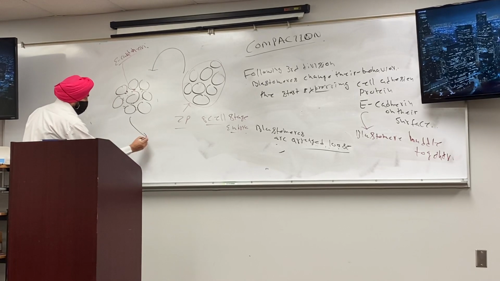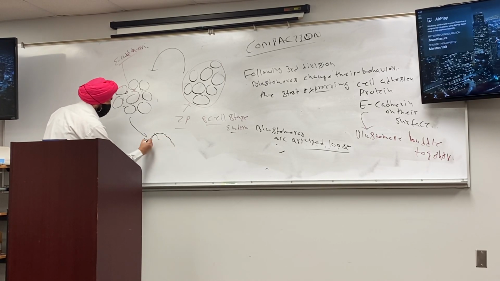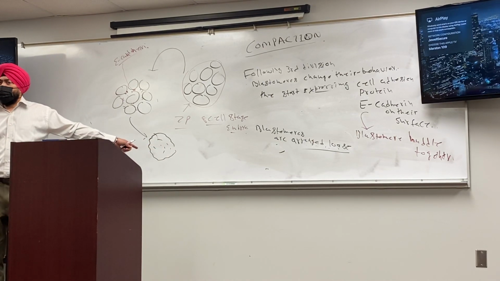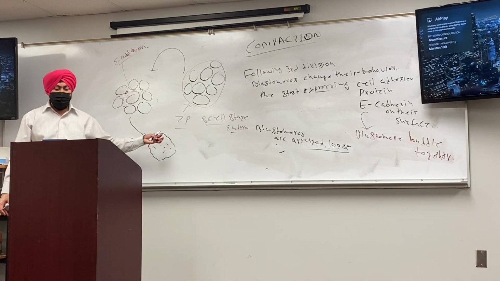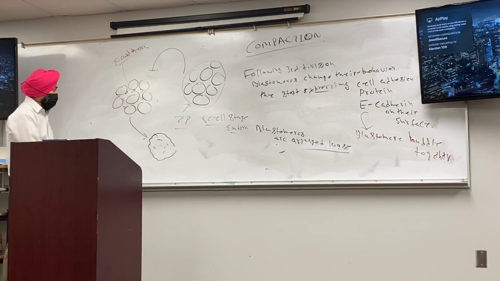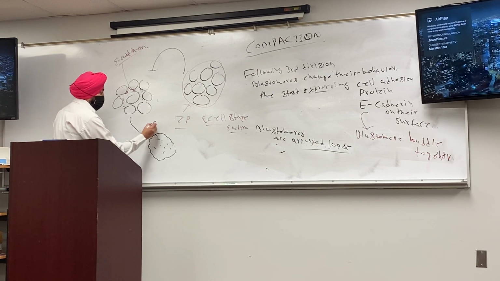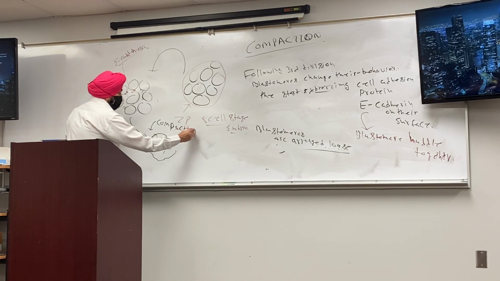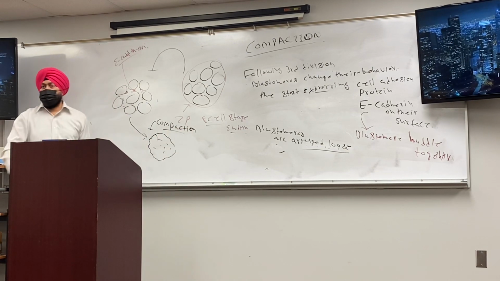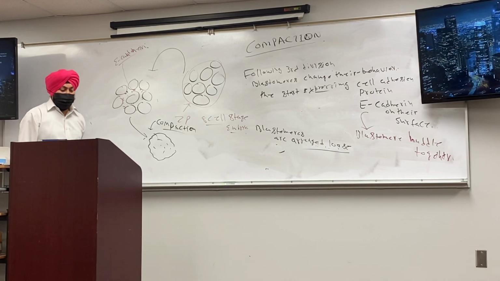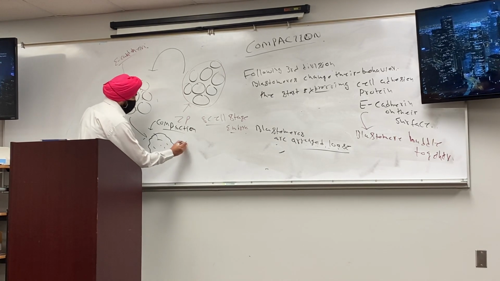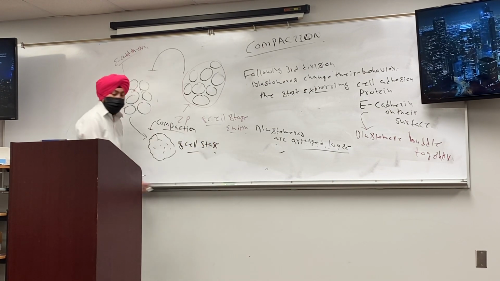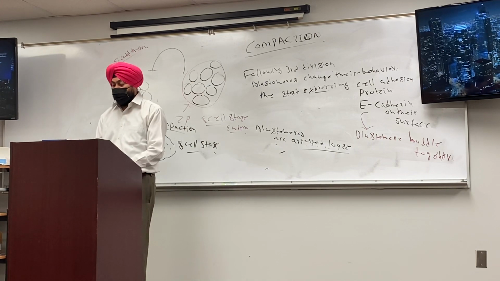They essentially form a structure like this, like your neurosphere. You cannot discriminate one cell from another cell. This process leads to what is called compaction. Now you cannot separate one cell from the other. This is happening at the 8-cell stage.